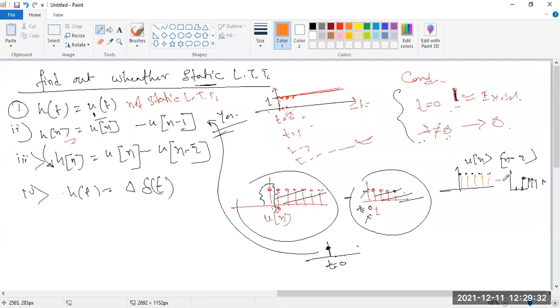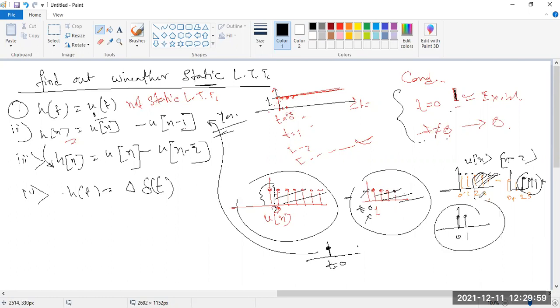If I subtract this term from u of n, it will also leave the 0 term and the 1 term. It just nullifies the terms from 2 onward. So we get 0 and 1.